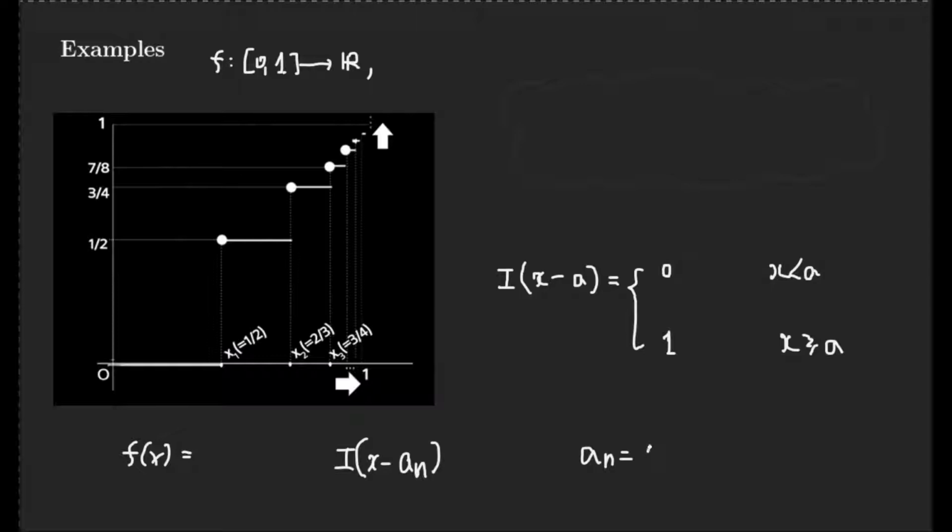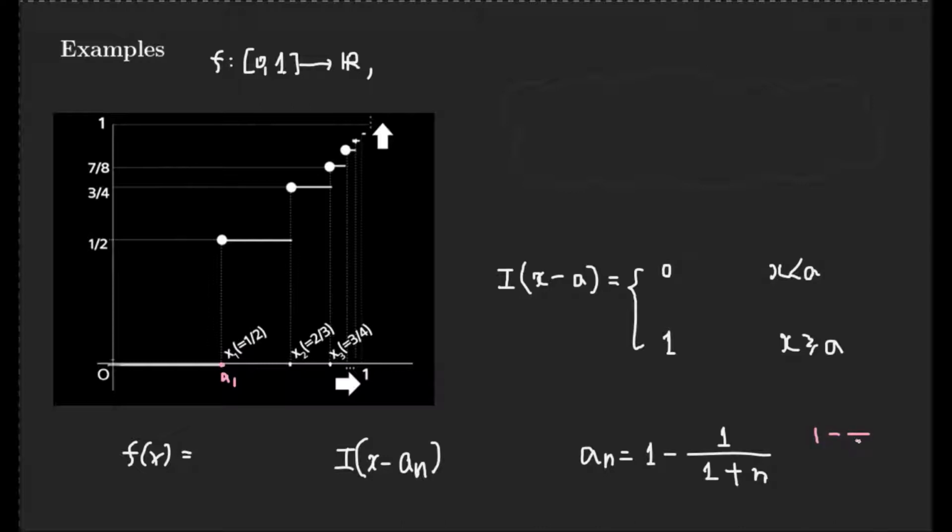The sequence is a_n equals 1 minus 1 over 1 plus n. Sorry, this is not a, this is the natural number n. For example, if n is 1, a_1 is 1 over 2.